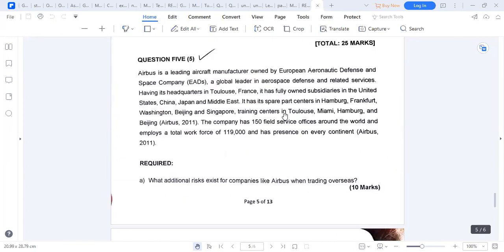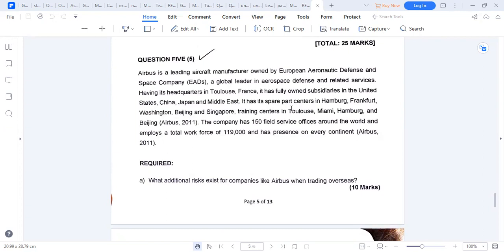Okay. So question 5, we're talking about Airbus, a leading aircraft manufacturer owned by a European aeronautic, defense and space company, a global leader in aerospace, defense and related services. Having its headquarters in France, it has fully owned subsidiaries in the United States, China, Japan, Middle East.